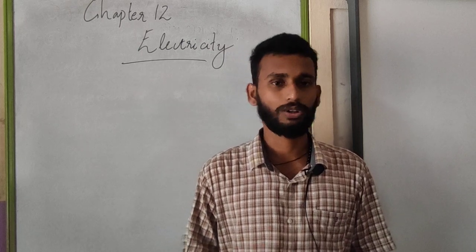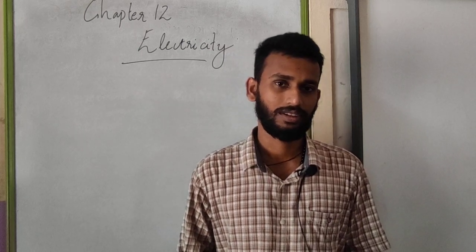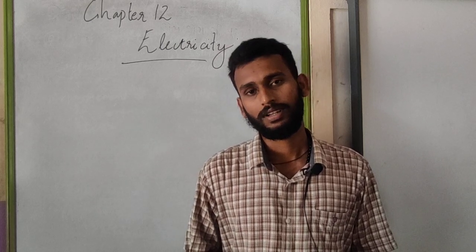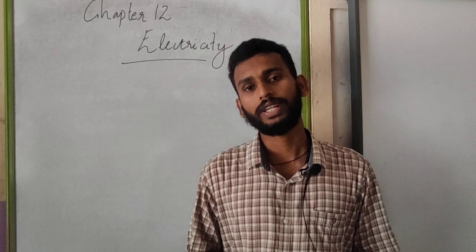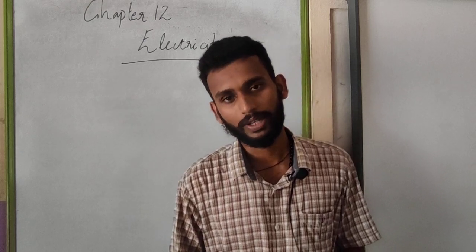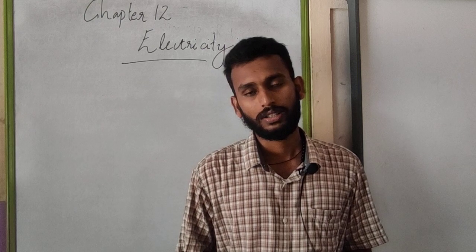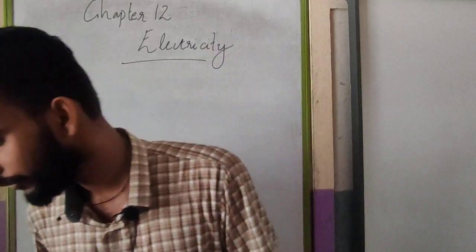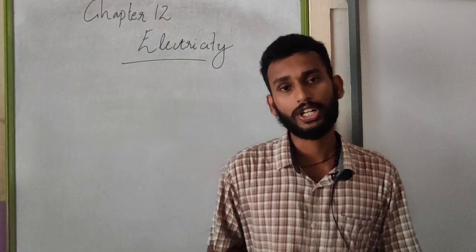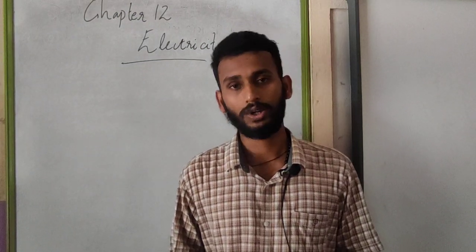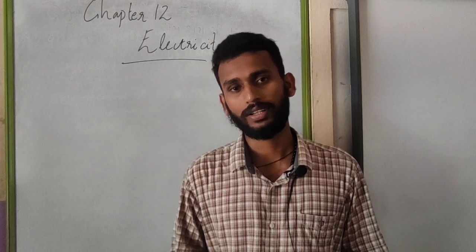I think you may have already studied that one. The unit of charge is coulomb, and 1 coulomb is the charge of 6 into 10 to the power 18 electrons, isn't it?